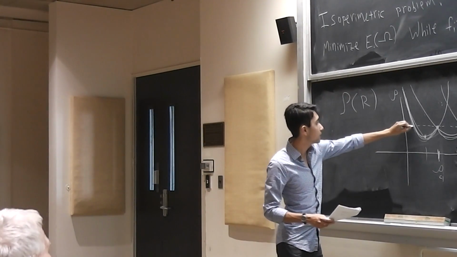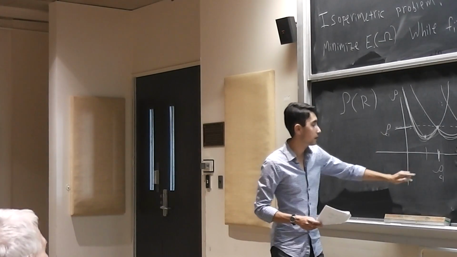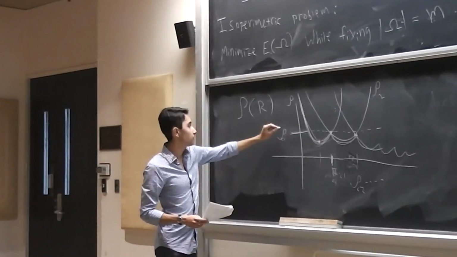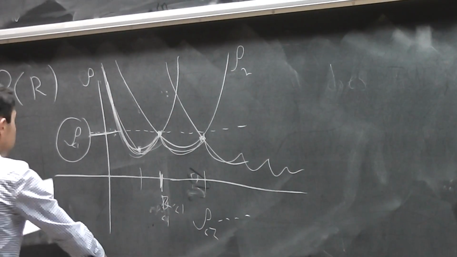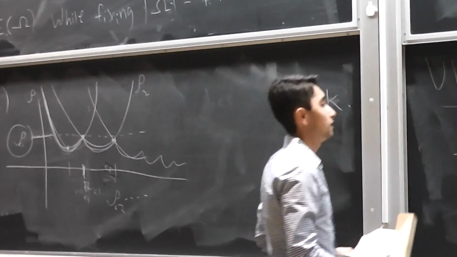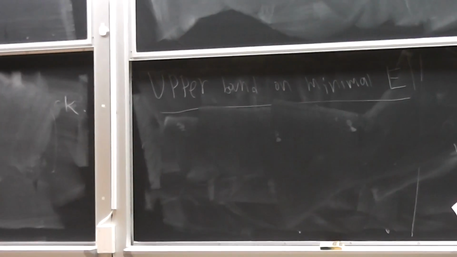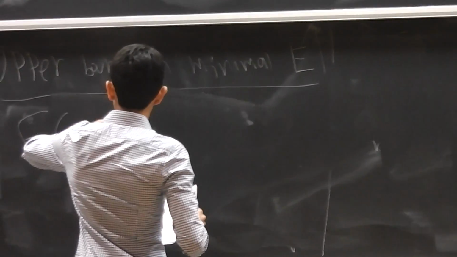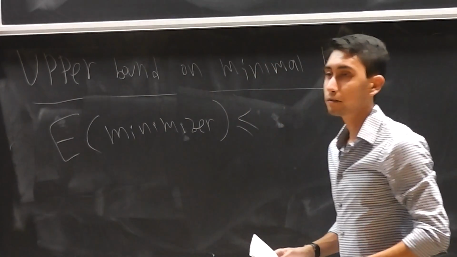So say this value here is, well, actually this should be like RC. Rho is on the y-axis. But anyway, we have this rho C1, and from this we can get an upper bound on the minimal energy. It's going to be a linear bound. So the E of the minimizer is going to be less than or equal to what?